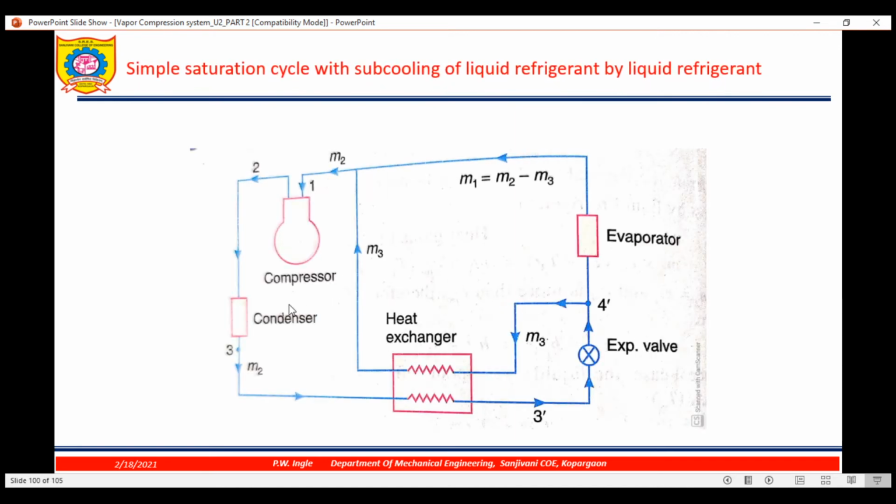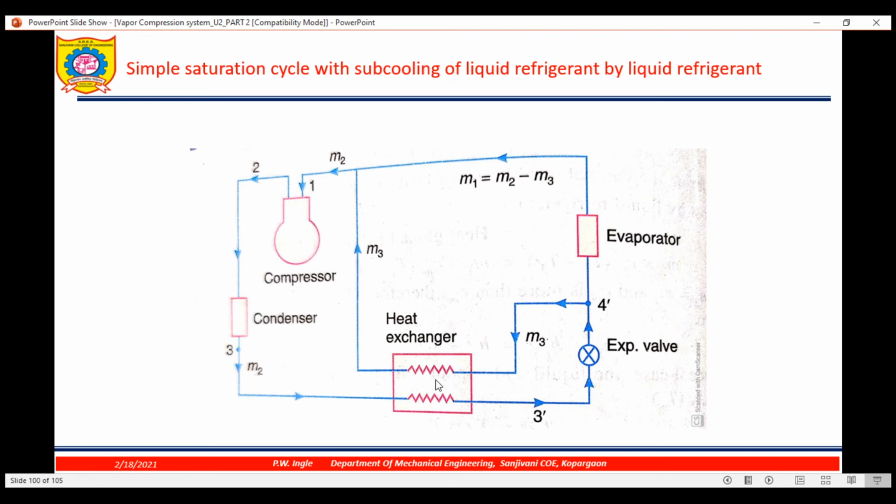So you can see the cycle here. Here you see the refrigerant coming from the condenser and the refrigerant coming from the expansion valve. There is a heat exchange between these two refrigerants, and the refrigerant from the evaporator is directly supplied to the compressor. The refrigerant we have to supply to the evaporator, where are we supplying it? To the heat exchanger.